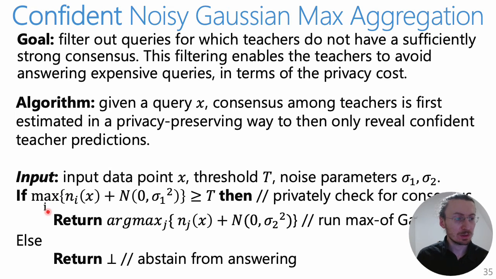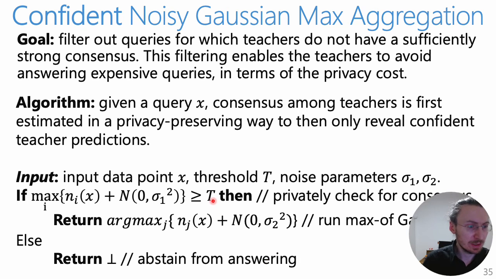So we find the maximum value of the vote count after adding the noise, and compare that with this threshold T. And if this value is above the threshold T, then we proceed as in standard noisy GNMax. However, if there is not enough consensus, then we abstain from answering a given query.